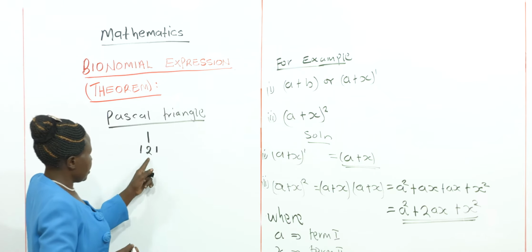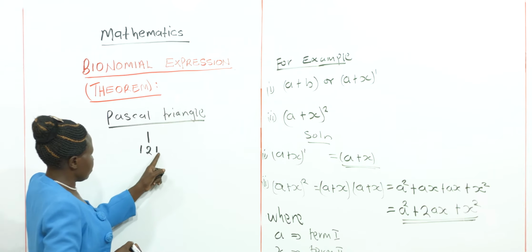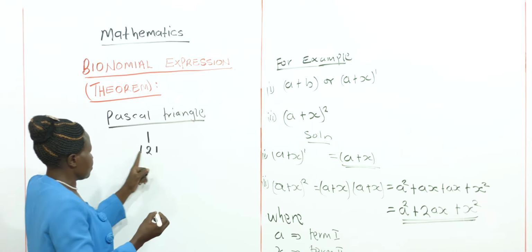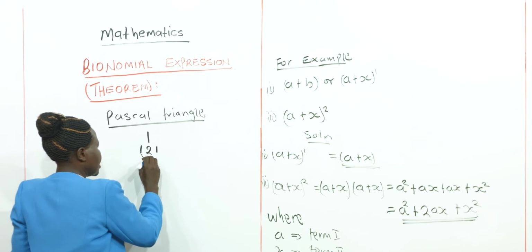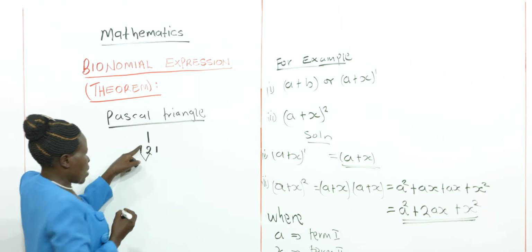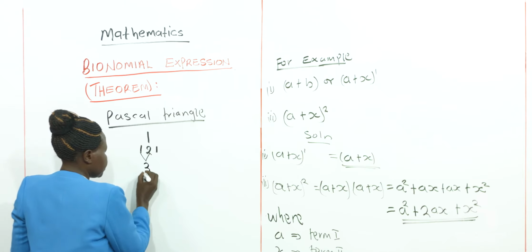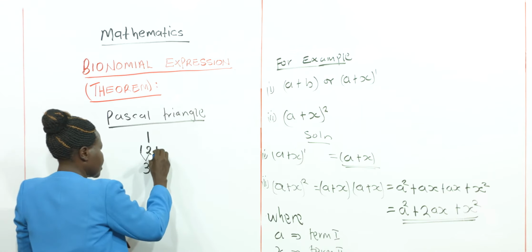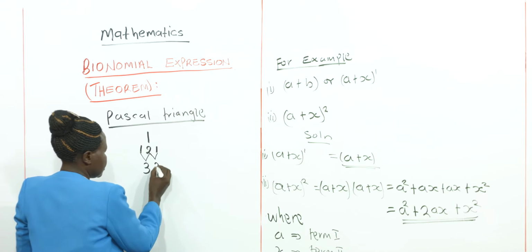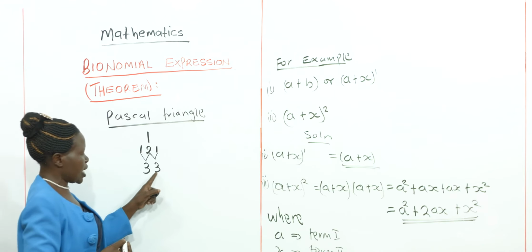Now from here, you will say that if I have added this 1 on the right hand side and 1 on the left hand side, then I will go and add. I will have 1 plus 2, I get 3. And then 2 plus 1, I also get 3. So dear learners, in the middle here we have got 3 and 3.